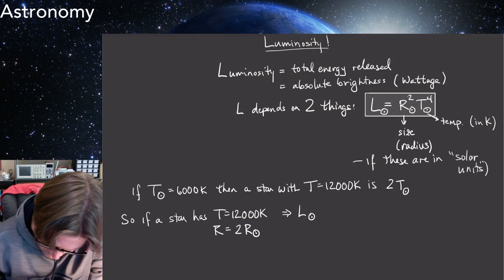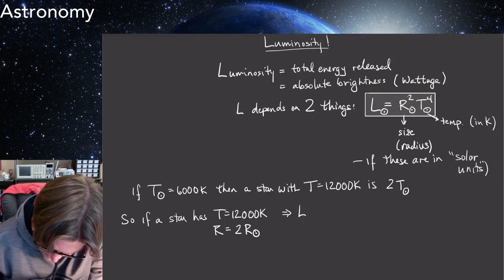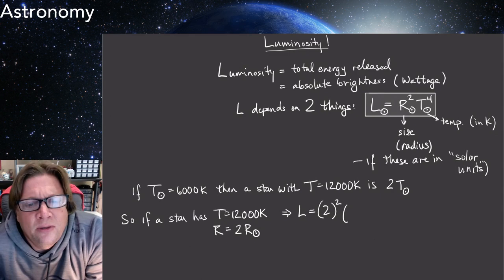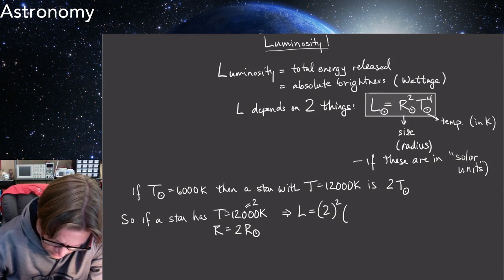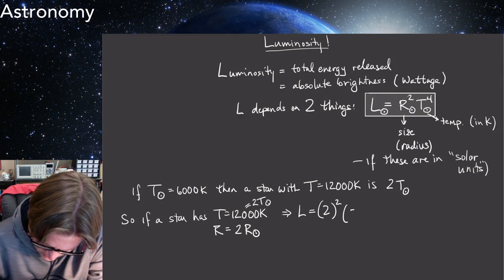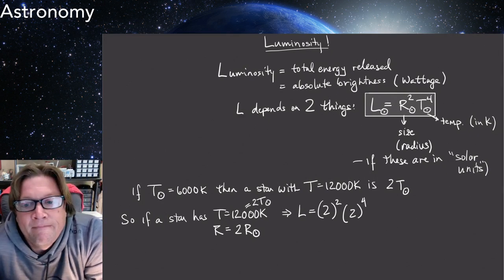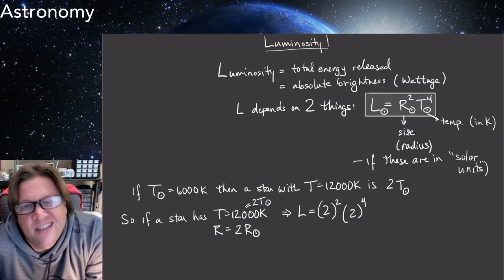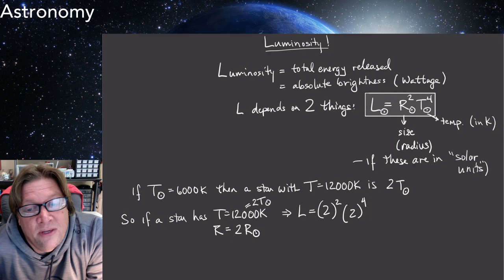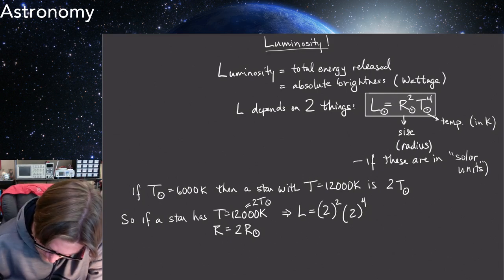The luminosity in solar units is R squared T to the fourth, right? So you just do 2 squared. And if it's 12,000, this is 2 T sun. So this would be 2 to the fourth. If you do that in a calculator, you get 16. And then multiplied by another 4, so that would be 64.